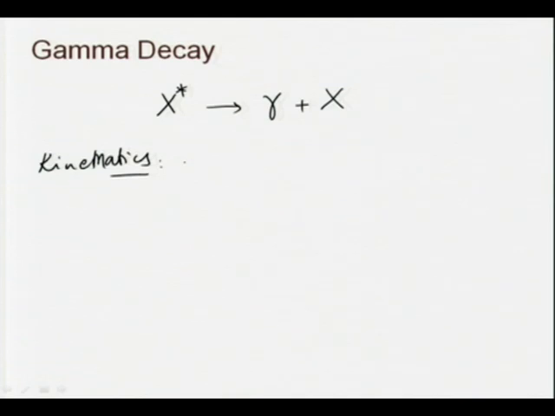One is the energy conservation. Let us consider E x star as the energy of the initial state and E x as the energy state of the final nucleus, and you have the energy of the photon, the gamma ray emitted.